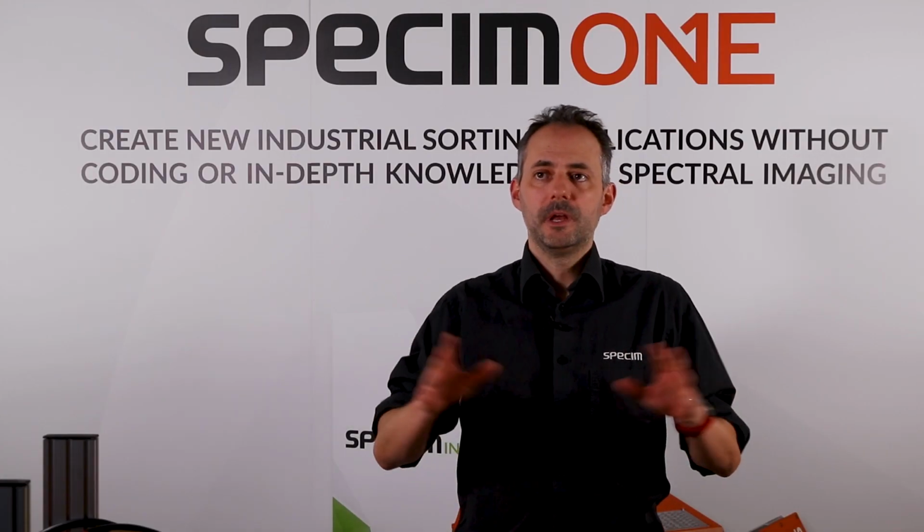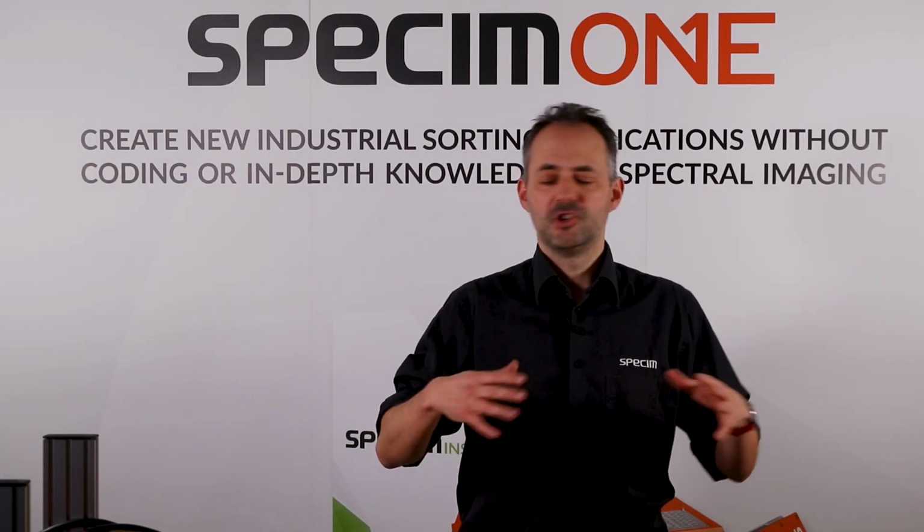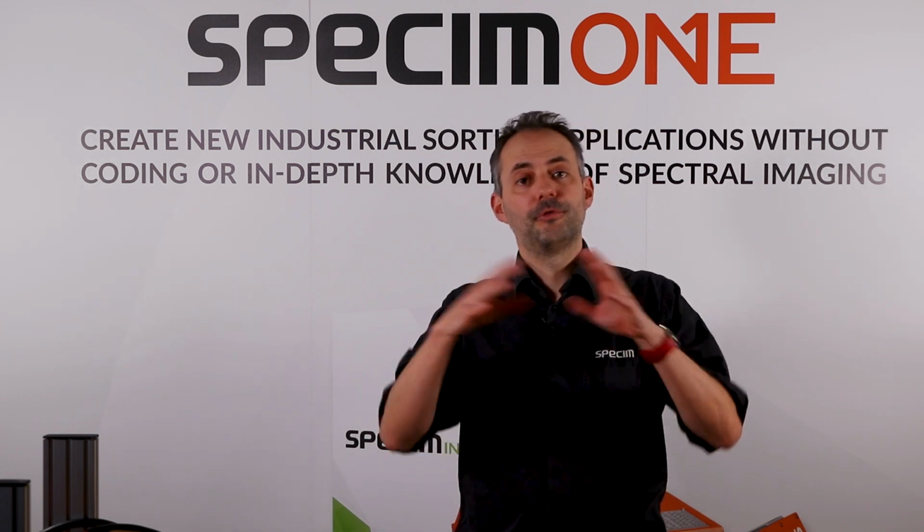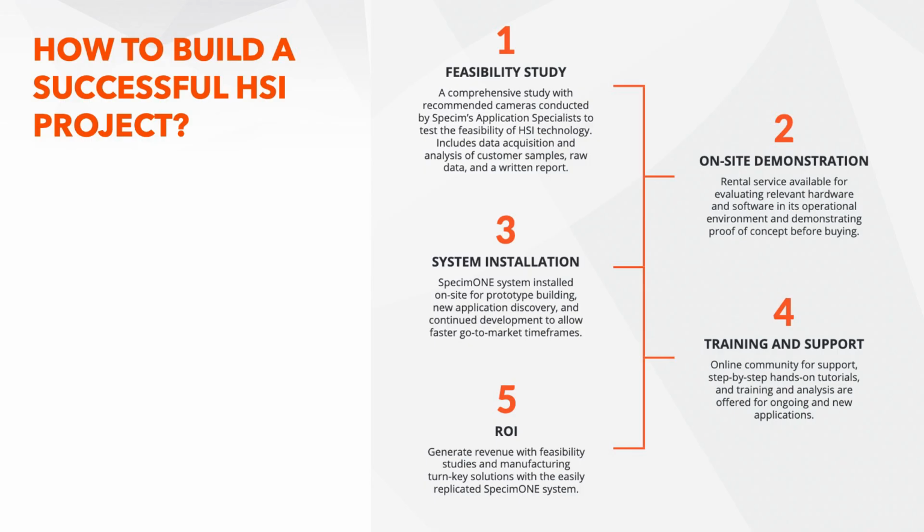Then, how to build a successful hyperspectral imaging project. Basically, the first step could be just to make a feasibility study. You may not know if the application can be solved with hyperspectral imaging. So here, please contact our sales team or application team, and they will be happy to tell you all the details in order that a feasibility study can be done.